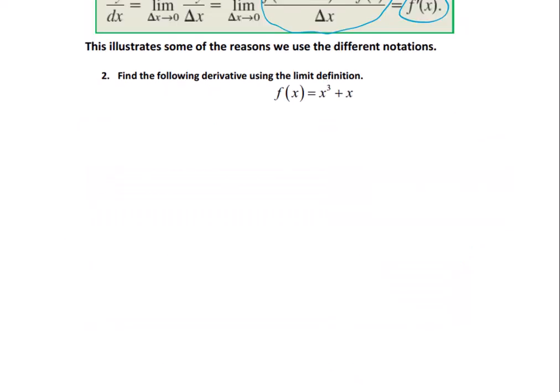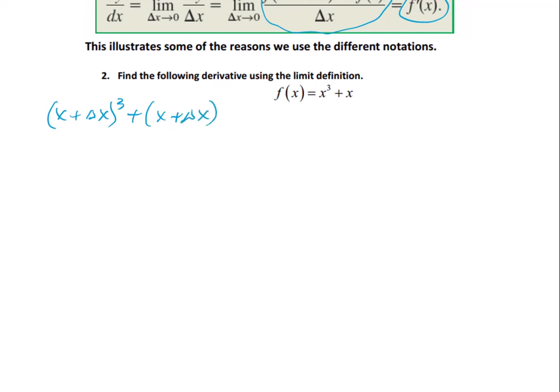Let's use their definition of a derivative to figure out what the derivative of this function is. X cubed plus x. Alright, we're going to use the delta x form. So my function is x cubed plus x. Every place I see an x, I'm putting x plus delta x. So I've got x plus delta x, meaning the change in x, cubed, plus x plus delta x.